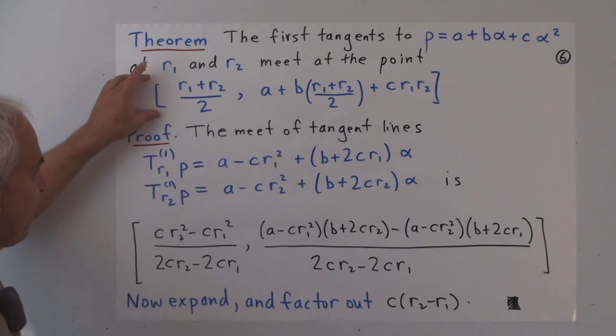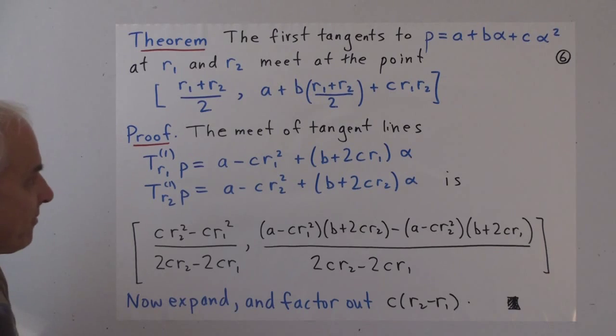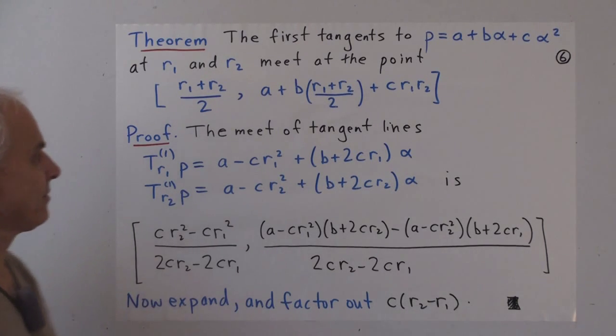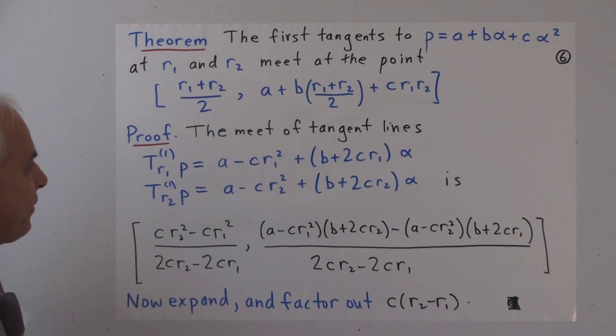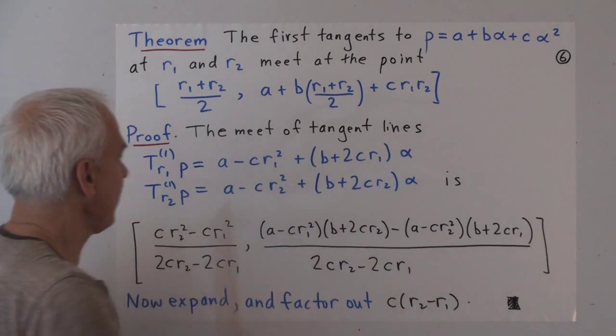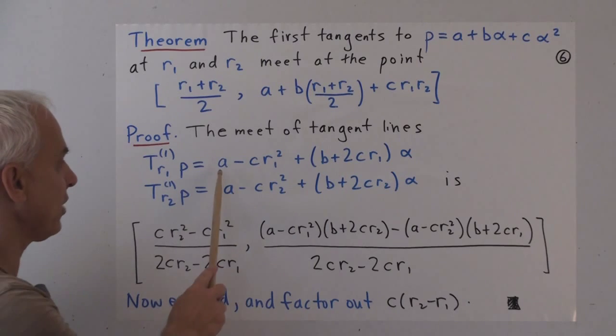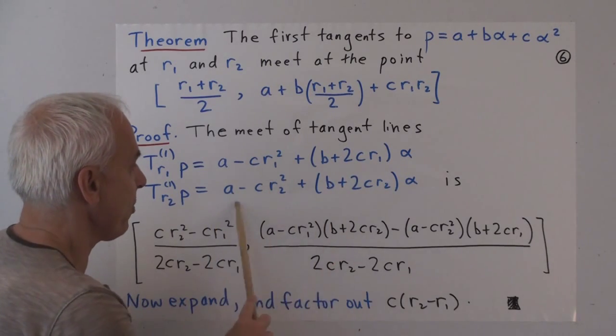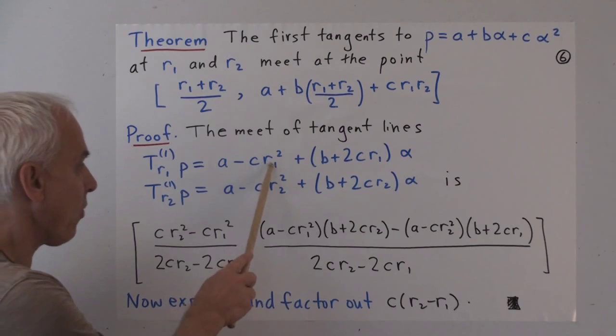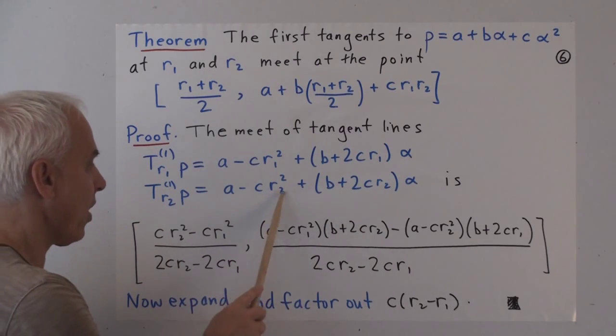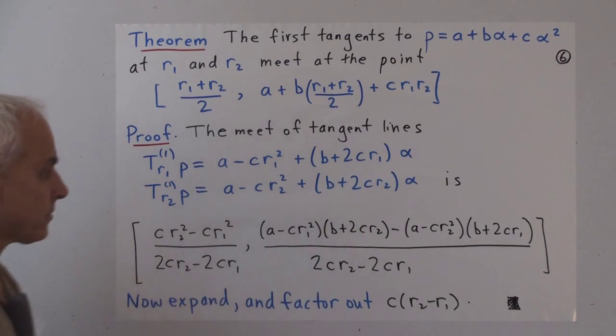So we'll have a look at the formula and then we'll talk about some very interesting aspect of it. Okay. So what we're claiming is that if we look at the two tangent lines to P at R1 and R2. So here they were. These are the formulas that we had before, with R1 for the first one and with R2 for the second one.